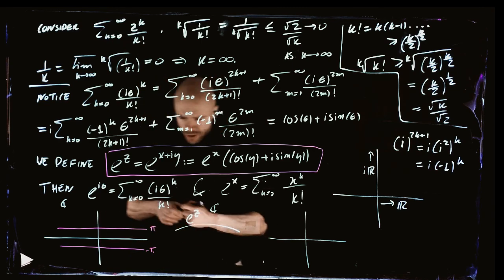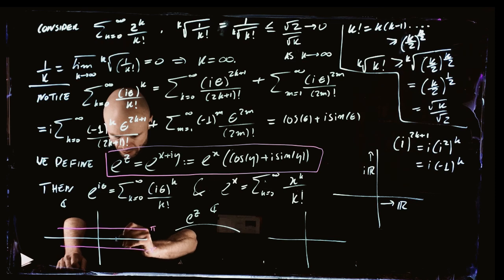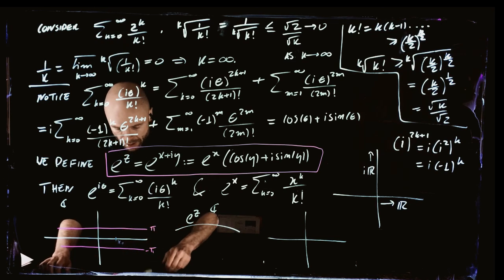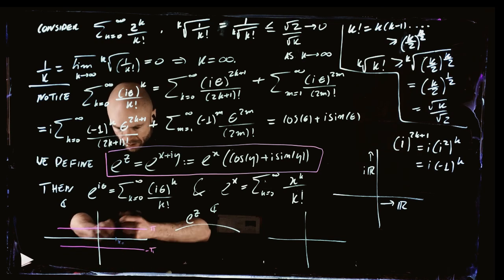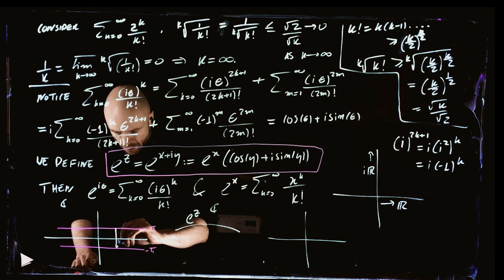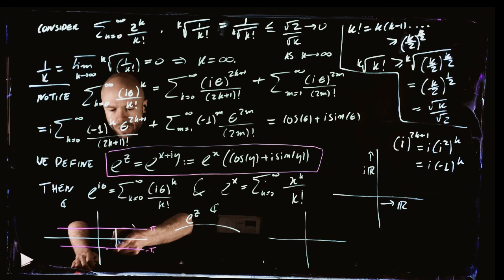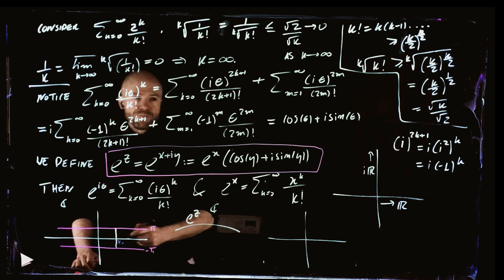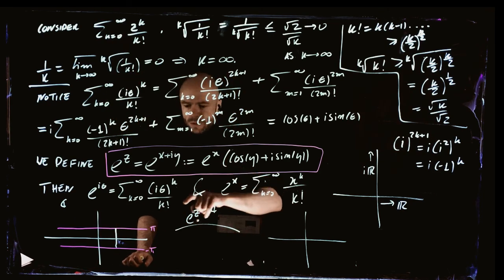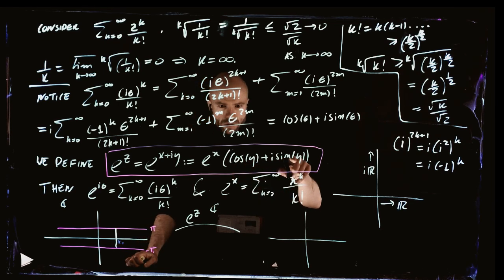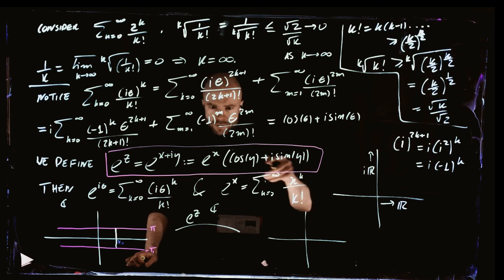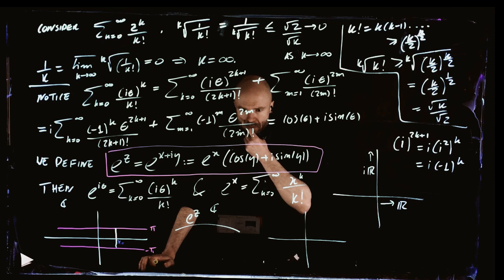If we fix some x0 and take a vertical line which goes through this strip, then we are varying y from minus pi to pi, while x remains fixed.